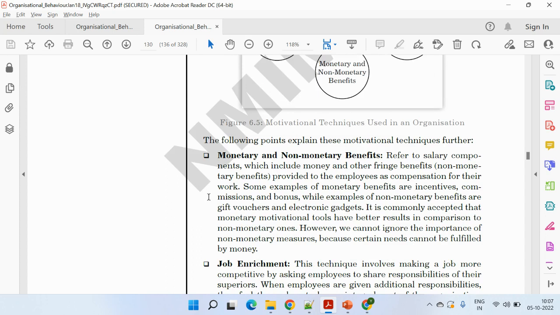It's definitely the most important stuff. In every case, nobody will work free of cost. Everybody needs some salary, some wages for that, maybe a lower one or maybe a higher one. So this includes monetary benefits like incentives, bonuses, and non-monetary benefits like gift vouchers or electronic gadgets, which are given by their employers.